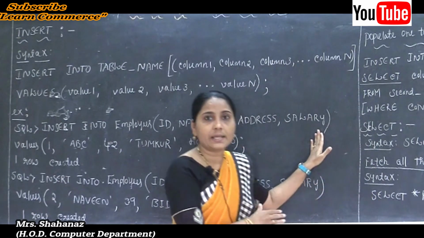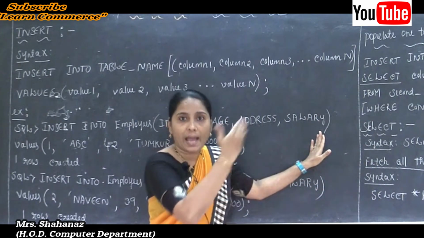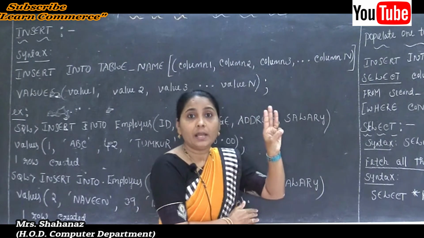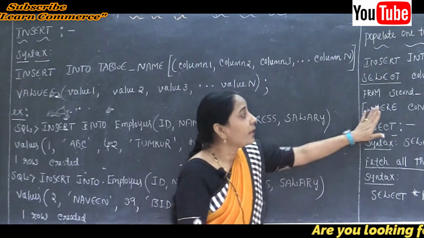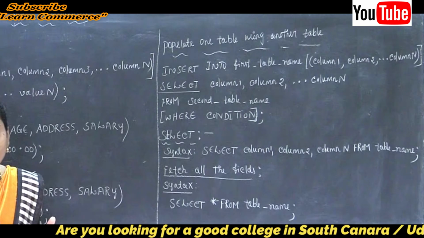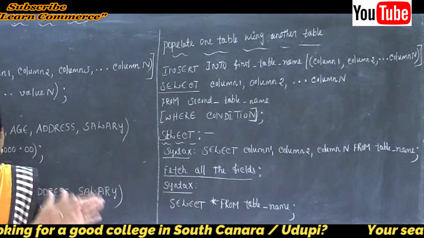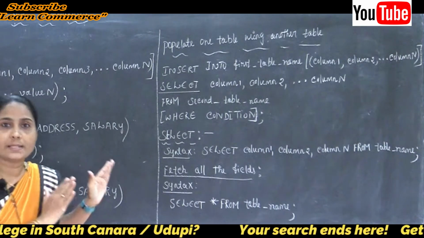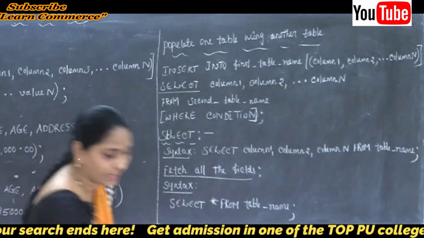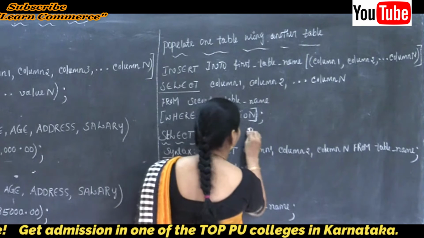So whatever records we accessed from the employees, the 3 records, return the data in the form of a result table. So whatever records I accessed from the table employees, just such an answer is going to be displayed in our result table, and these result tables are also called result sets.